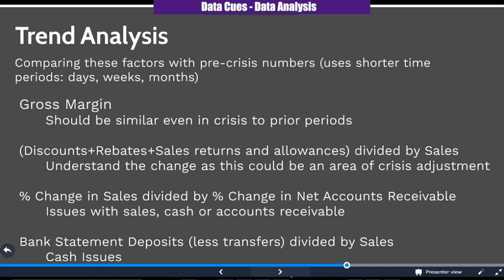That could be some other issue related to sales or sales reps. Percentage of change in sales divided by the percentage of change in receivables. They should have some similar correlation to pre-crisis numbers. And also look at your bank deposits divided by your sales, because there should be, again, a correlation in the past. You might have some cash issues.